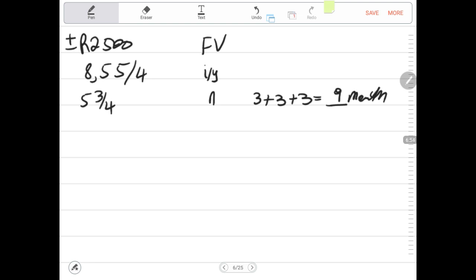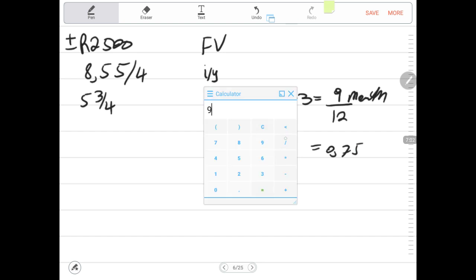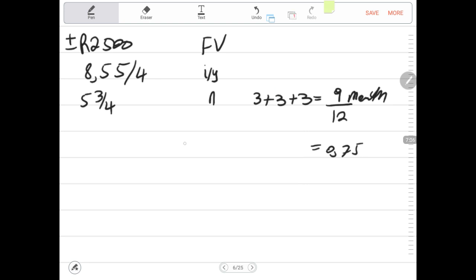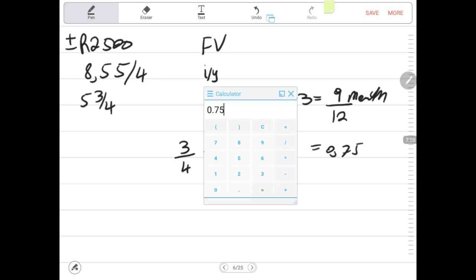So in other words, 9 over 12 will give us a decimal of 0.75. You can just verify that 9 over 12 gives us 0.75. Same applies as 3 over 4 will give us the same 0.75.